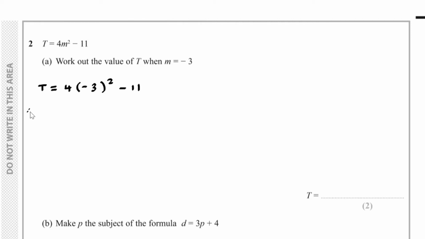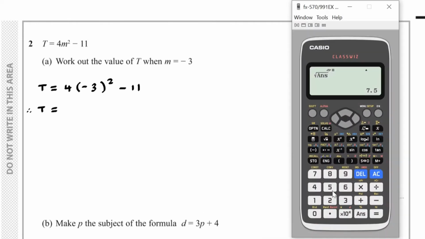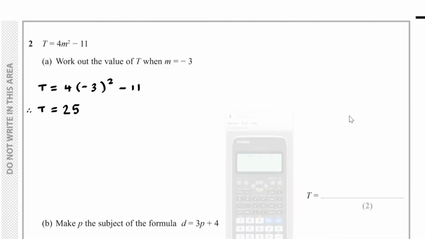Now, what we can do is substitute -3 into our calculator to work this out. We have 4 multiplied by -3 squared, subtract 11, which is 25. So we have 25 for t.